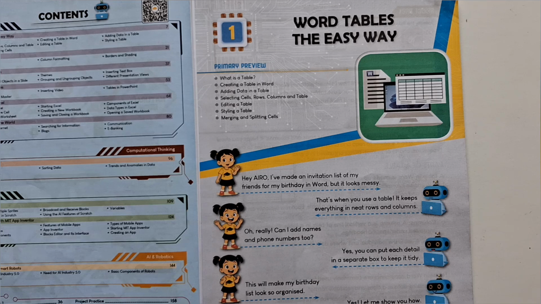The girl says, "Oh, really? Can I add names and phone numbers too?" Arrow says, "Yes, you can. Put each detail in a separate box to keep it tidy." The girl says, "This will make my birthday list look so organized." Arrow says, "Yes, let me show you now."